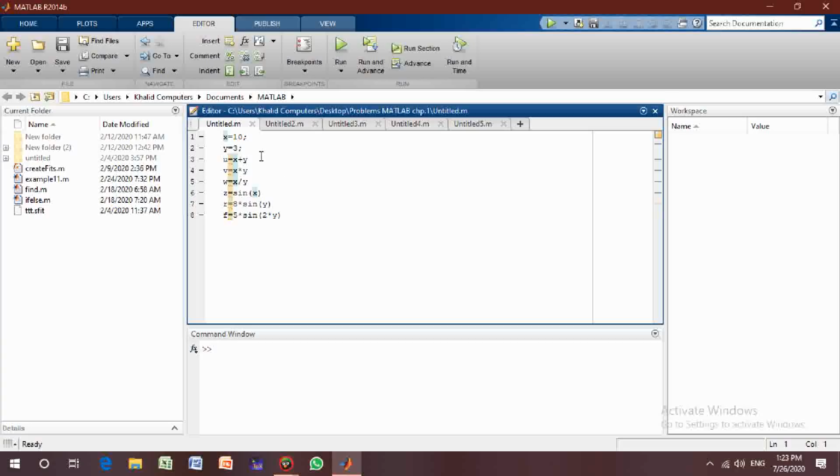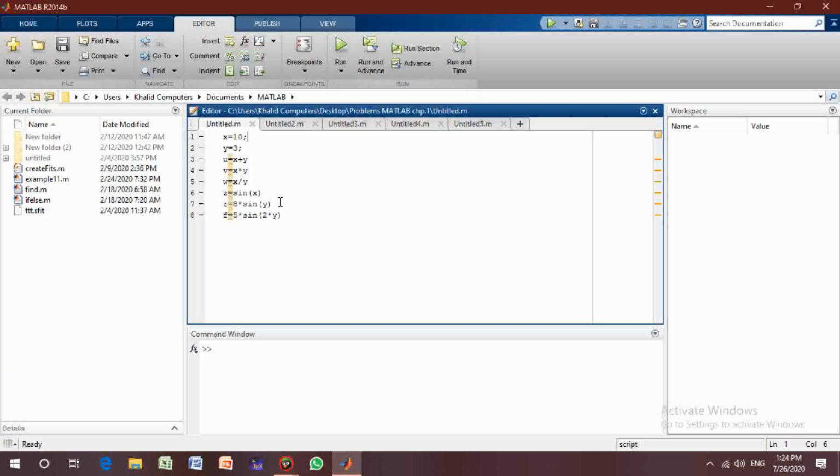x is equal to 10, y is equal to 3, and a semicolon is a must in MATLAB, otherwise MATLAB gives an error. And u is equal to x plus y, v is equal to x star y, and w is equal to x right division y, and z is equal to sin x, r is equal to 8 star sin y.